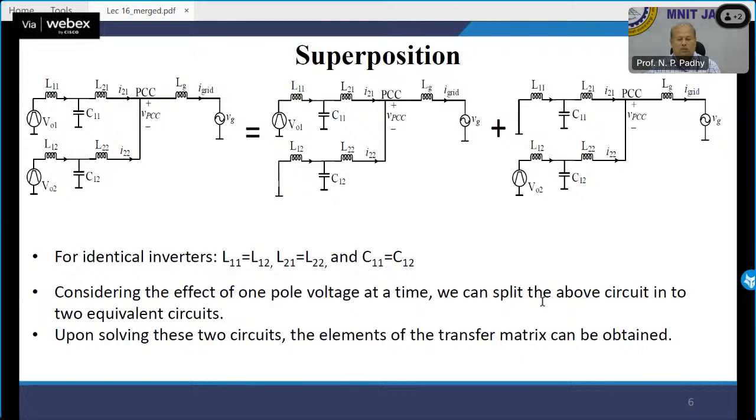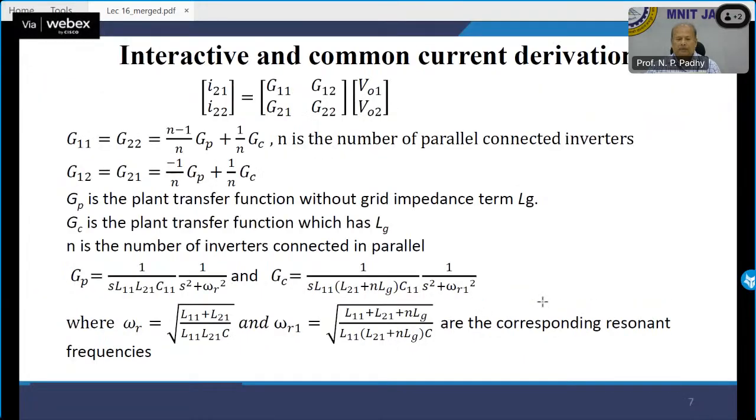Upon solving these two circuits, the elements of the transfer matrix can be obtained. Is it okay? Then you can solve both circuits and calculate all the elements of the G matrix.